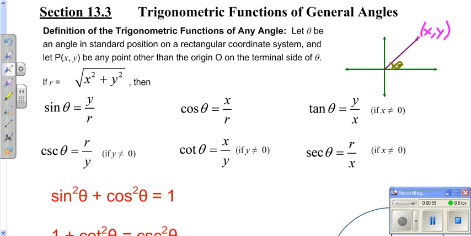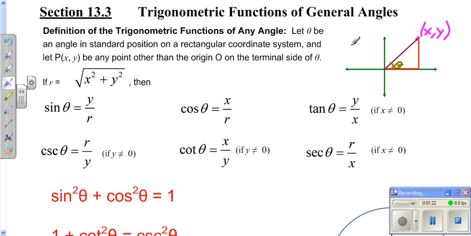Now, our angle here really helps us form a right triangle. This right triangle you get from always going from your point to the x-axis. You never go to the y-axis, always to the x, and then it forms a right triangle. Now, if you're using the idea of SOHCAHTOA, you can still get the same answers.